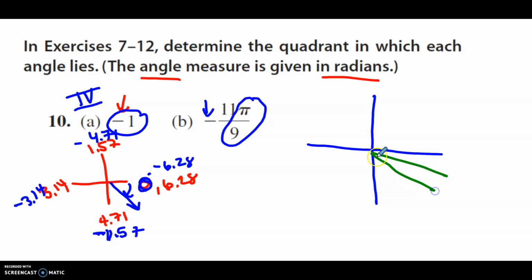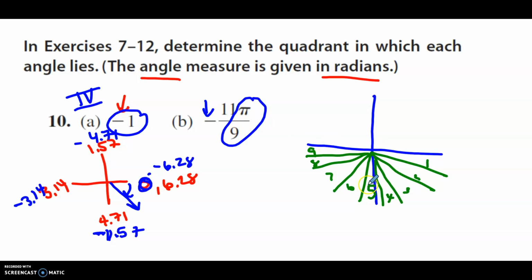1, 2, 3. We're going to get a 4th in there. Our 5th is going to be in between, so that's 5. So far I'm at 1, 2, 3, 4, 5, 6, 7, 8, 9. Okay, but I want to go to 11, so I've got to go more.